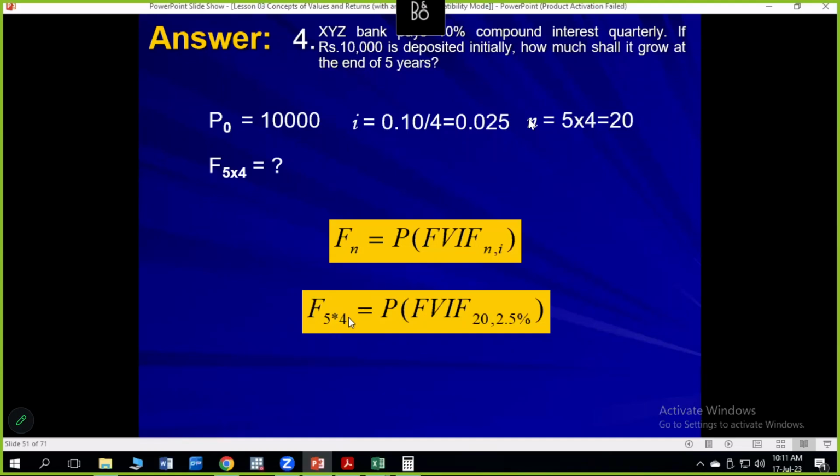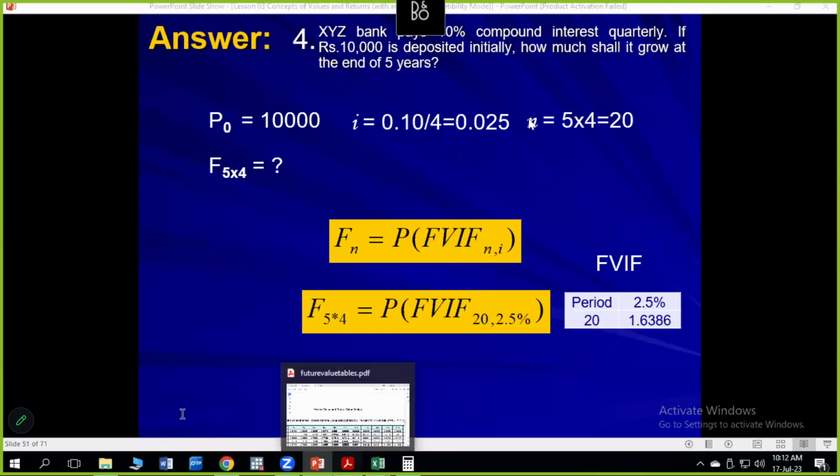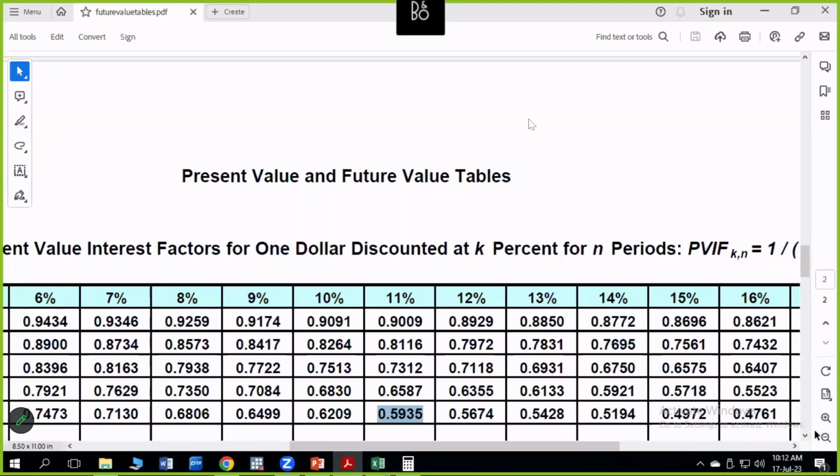So definitely you want to mark whether it is compounded. You want to present all your answers in this way. Then you want to find the value from the table values. So you can check the table value.